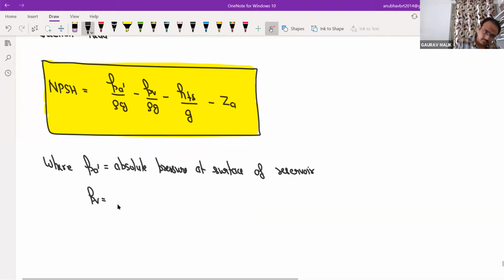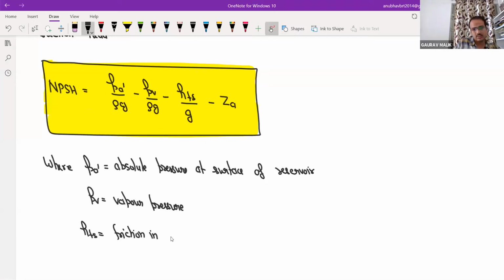PV is the vapor pressure. H of Fs is the friction in the suction line. And all are in terms of head, so there should be no confusion in units.